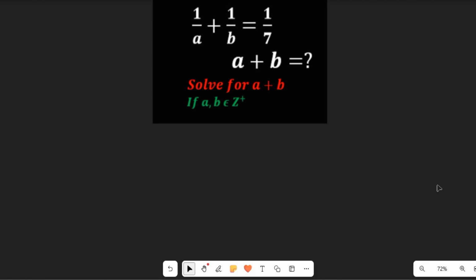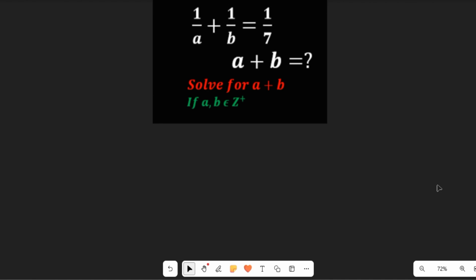All we need to do is to look for how we can take away the fractional values. So how do we do this? The best way is to look for the least common multiple, which is a multiplied by b.